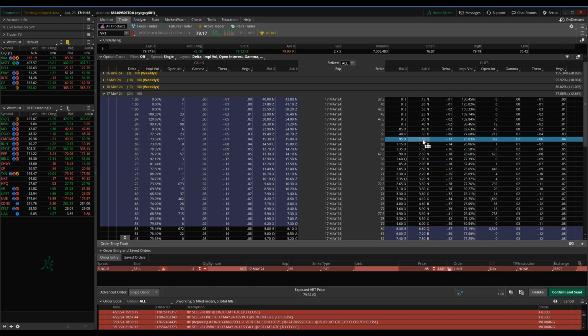Essentially at a delta of 10. That means there's only a 1 in 10 chance that price is going to trade down to 65 on this trade.